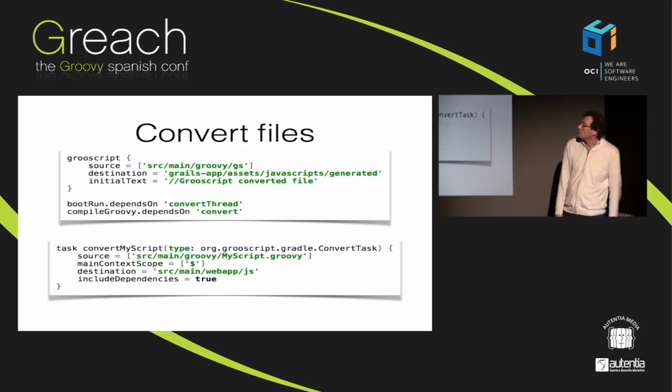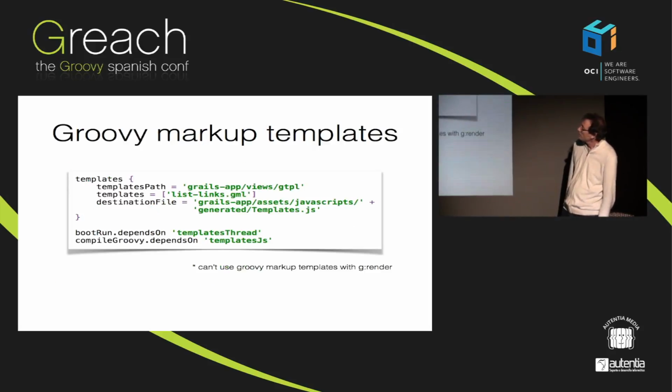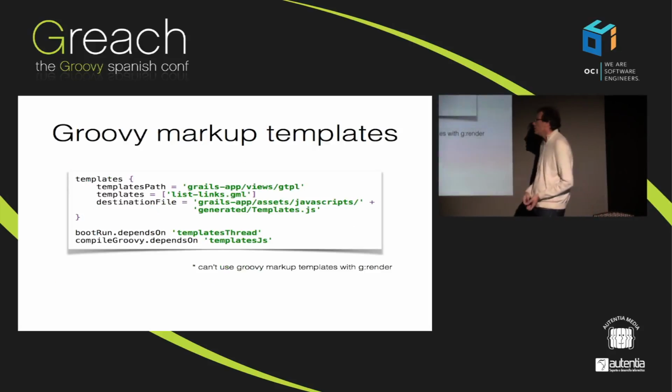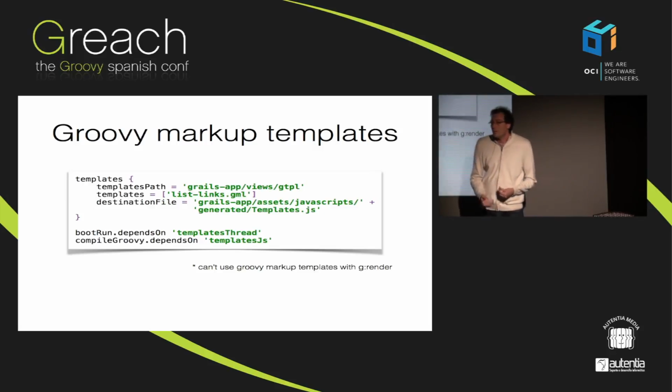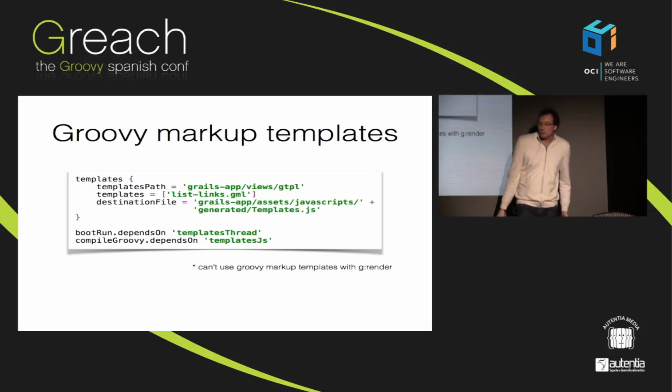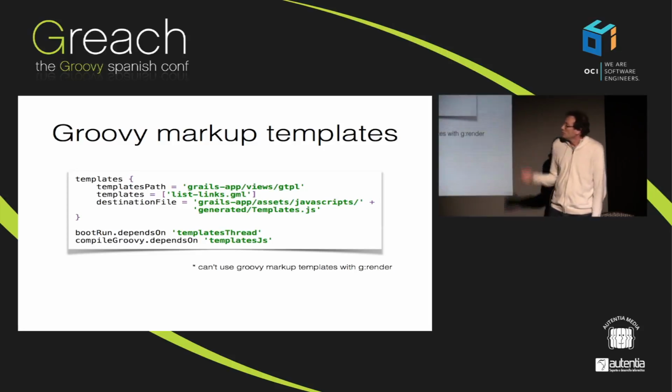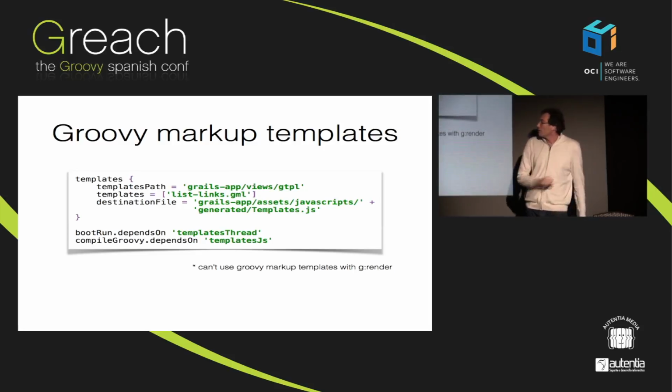There are many options for conversions, just a few. Also, apart from converting your Groovy code, you can convert your Groovy markup templates. If you want to use Groovy markup templates, you can, and you can convert that template to a JavaScript file. This is what this task does.